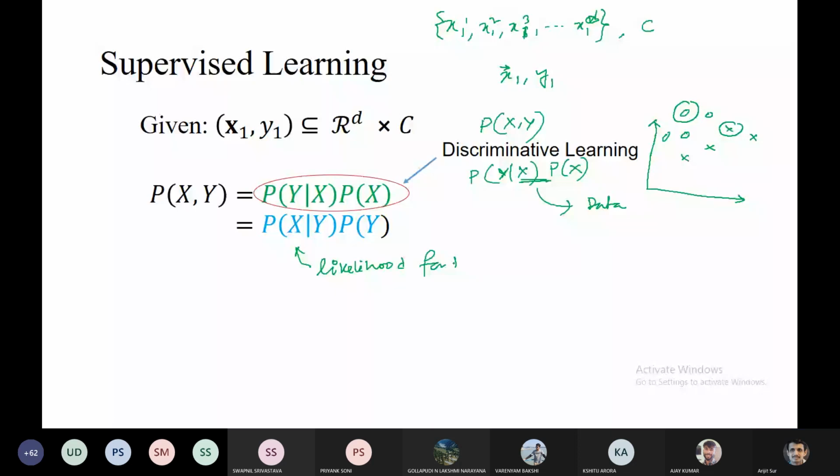The probability of the data given the class y is generative in nature, so it is called generative learning. When we go to unsupervised learning, we will see generative adversarial networks, variational autoencoders and similar models, and we will see what we mean by generative learning.